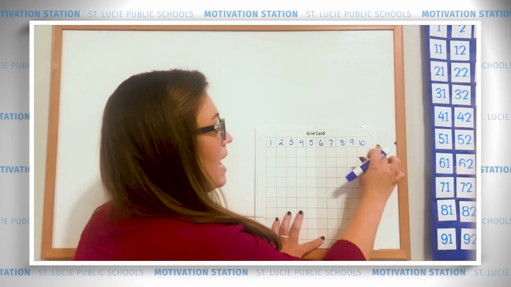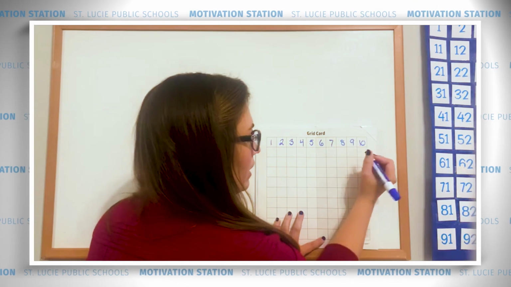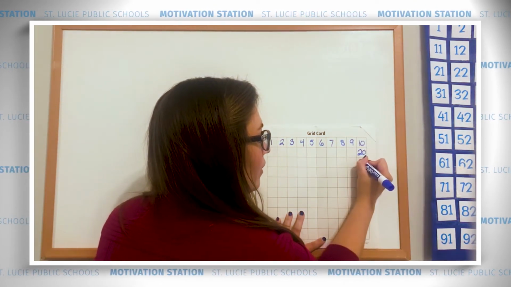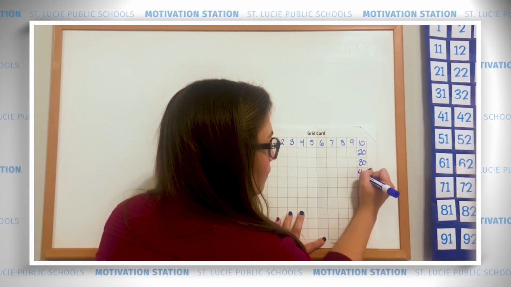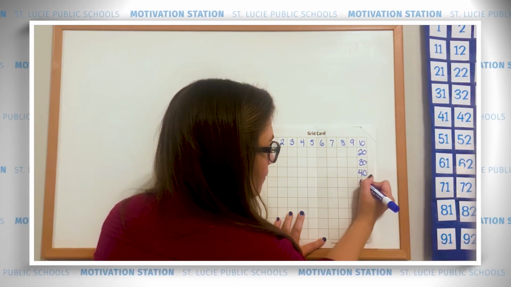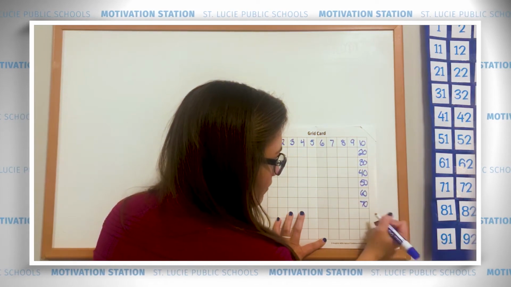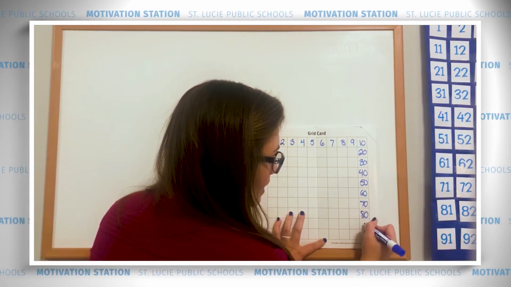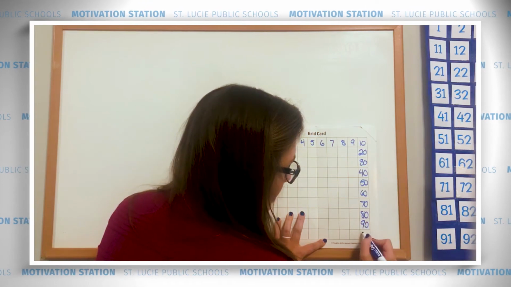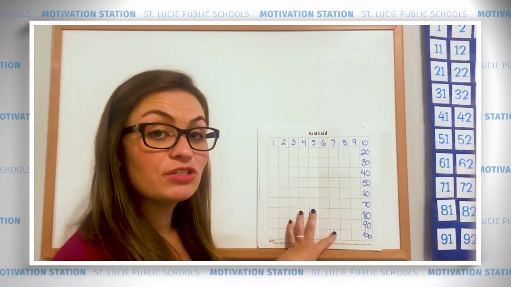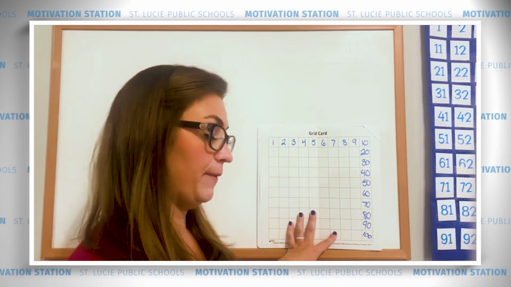So if there's 10 in each row, another 10 here would be 20. Count with me. 30, 40, 50, 60, 70, 80, 90, and 100. There are 100 squares on this grid card.